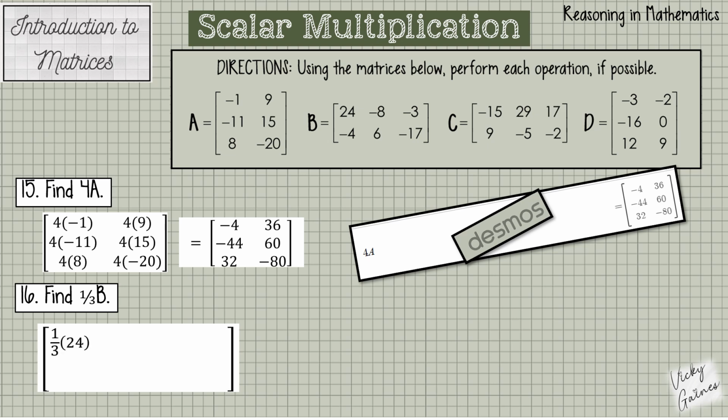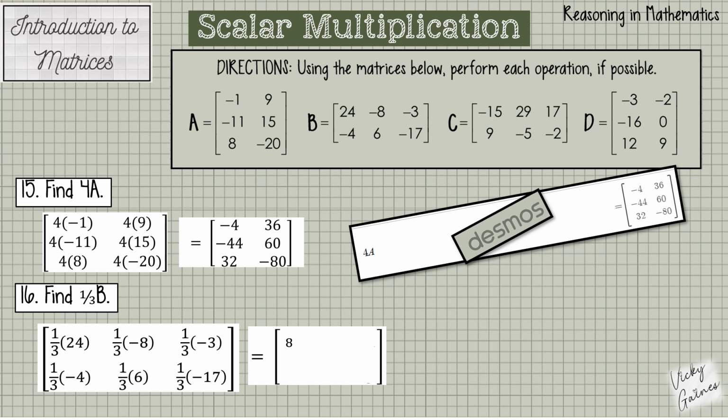1/3 B, so we're going to do 1/3 of each of the elements in B. So 1/3 of 24, 1/3 of -8, 1/3 of -3, 1/3 of -4, 1/3 of 6, and 1/3 of -17. Don't worry if you get a fraction, no big deal. 8, -8/3, -1, -4/3, 2, and -17/3.